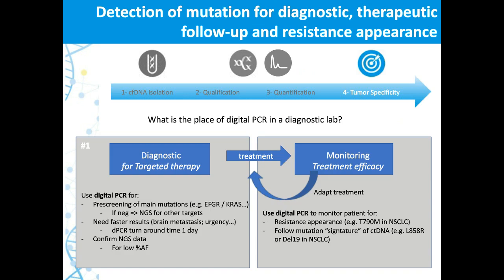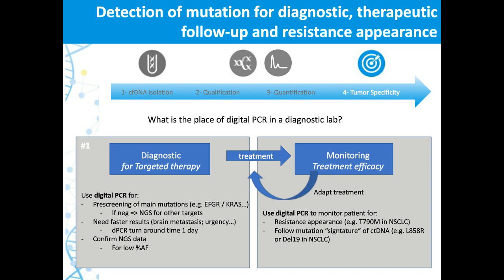Now, one question that was asked is what is the place of digital PCR in the diagnostic labs? Here is one example where digital PCR has its place. When you want to diagnose cancer, let's see, for example, non-small cell lung cancer, you will just look at whether there are EGFR mutations.